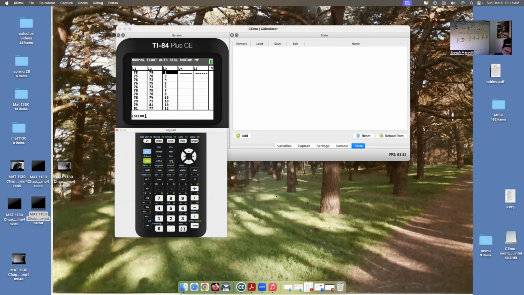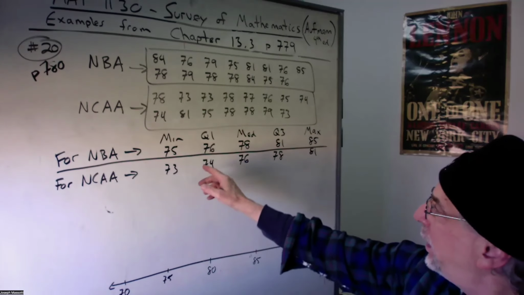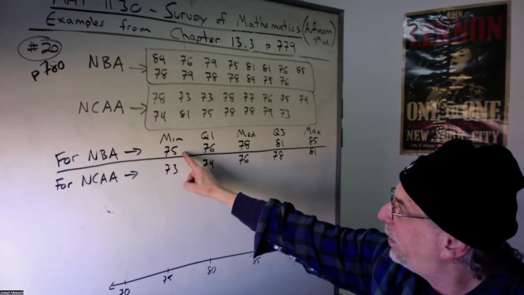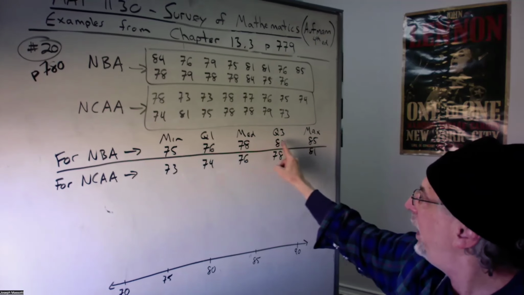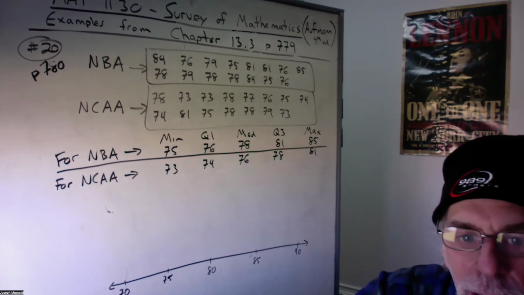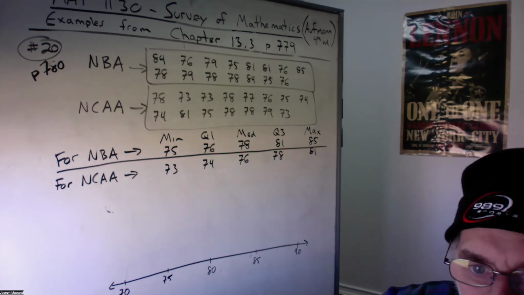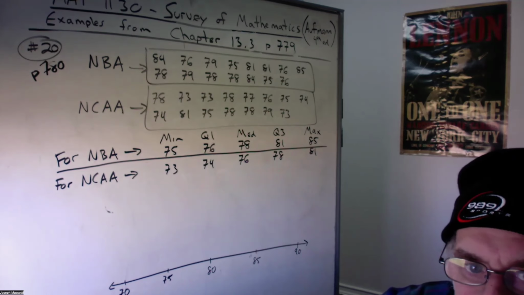So if we calculate the 5-number summary, 1 variable stats for L1, we should see the same numbers that I have on the board here: 75, 76, 78, 81, and 85. That is the 5-number summary for this data set of NBA heights.